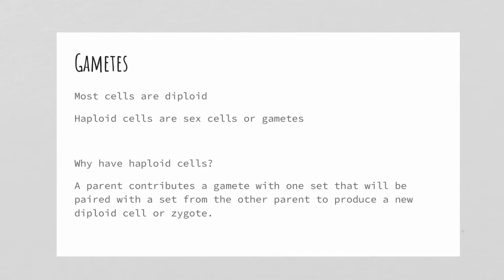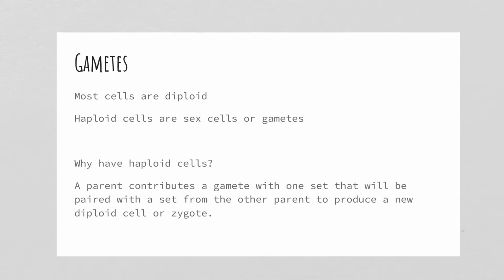Those are our gametes. Most of the cells in the human body are diploid, but the gametes are your cells that have one set of chromosomes. That's just a fancy scientific word for your sex cells. In humans, the sex cells are the oocytes or the spermatocytes. Those are the ones that make the eggs or the sperm.